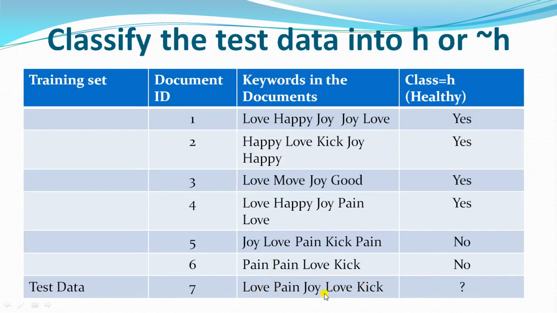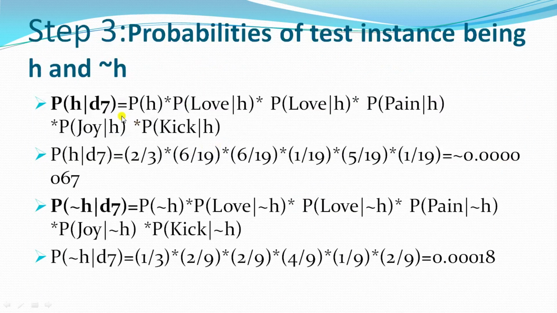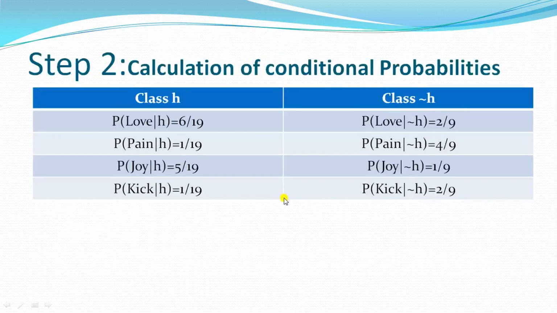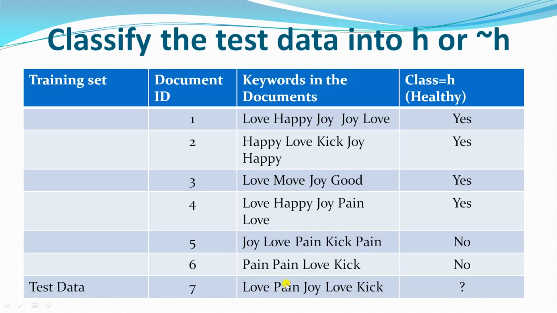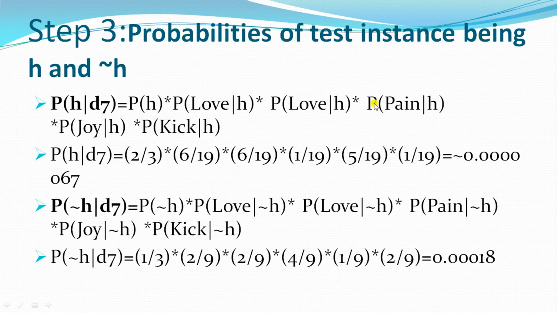So 2 words of love are there. That means P of H into P of love given H into P of love given H, into pain, after that joy, after that kick, that is into pain in the class H, joy with respect to class H, and kick with respect to class H.